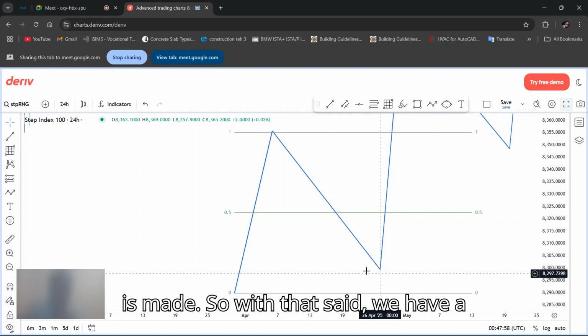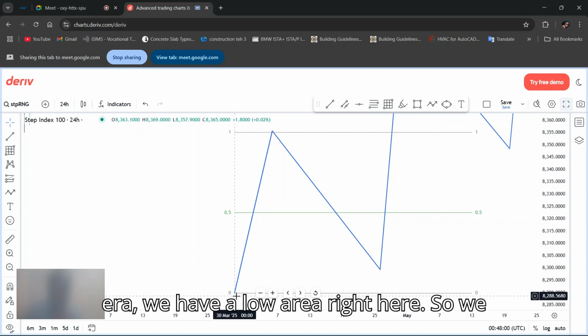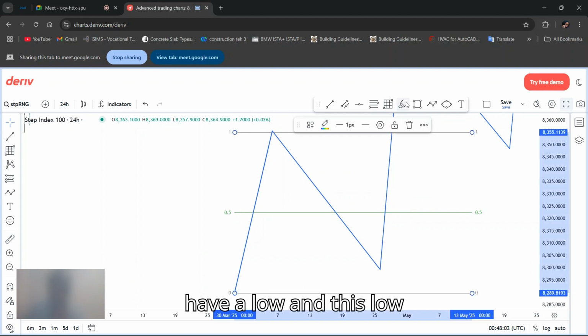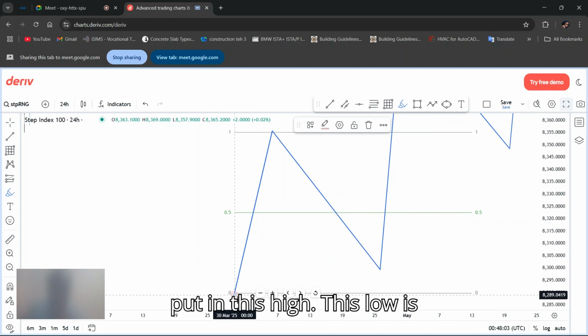So with that said, we have a low area right here. We have a low, and this low put in this high.